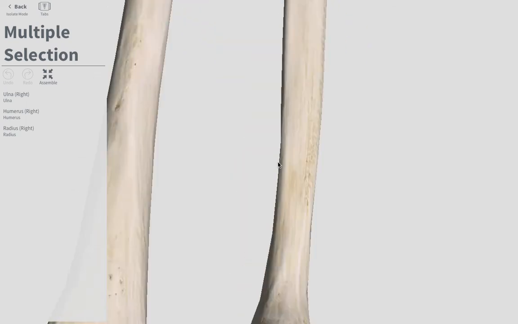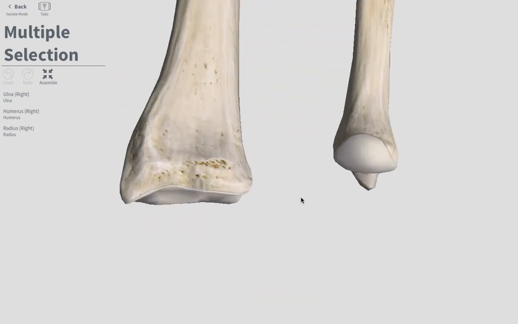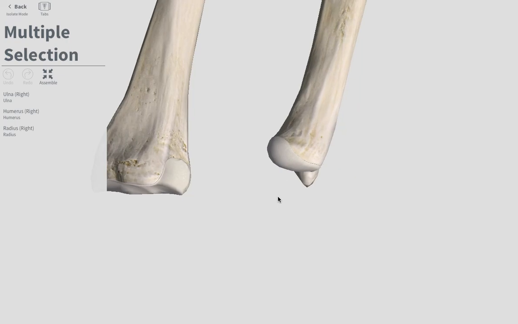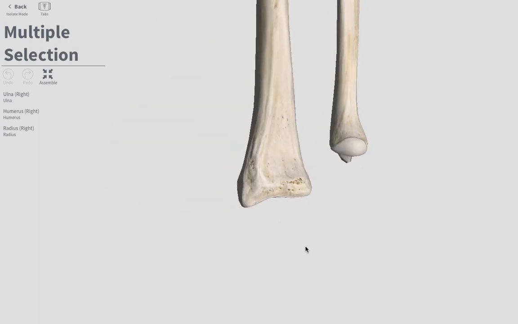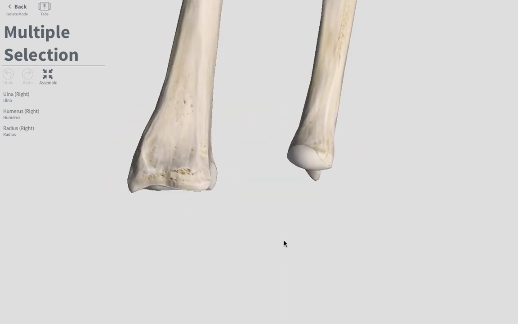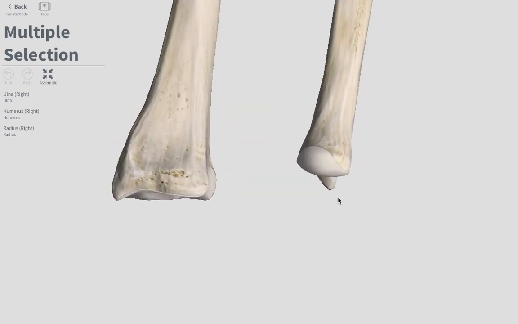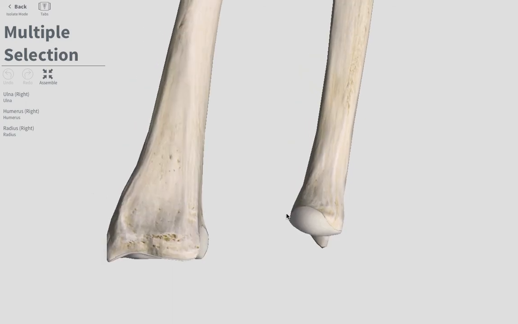And then if we go to the distal end, here's the ulnar notch. Contrast that to the radial notch. So this is the ulnar notch of the radius, and that'll articulate with our ulnar bone.